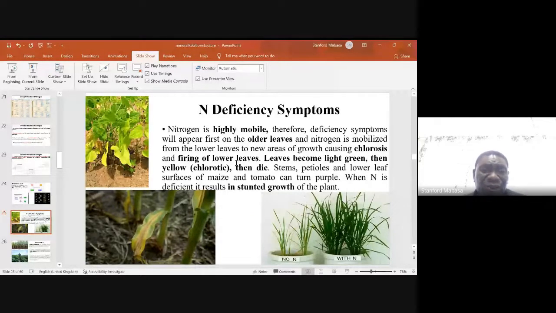By firing of lower leaves, we mean leaf death. So leaves may become chlorotic or yellow, but the yellow color is a characteristic of nitrogen deficient symptoms on plants. In fact, most farmers know this, that if you are having yellow plants, it means you require top dressing.